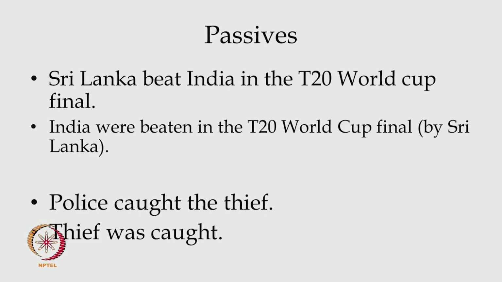Nothing happens to the agent. Look at the example that you have. What actually happens to the agent is that it becomes an adjunct, a PP. You can retain that. If you are generous, you can drop it. It doesn't matter to the grammaticality of the sentence.